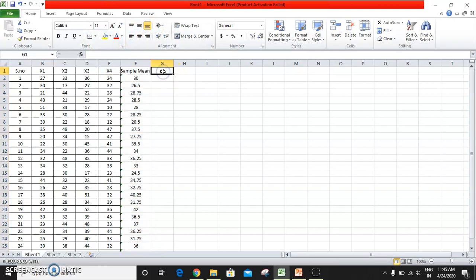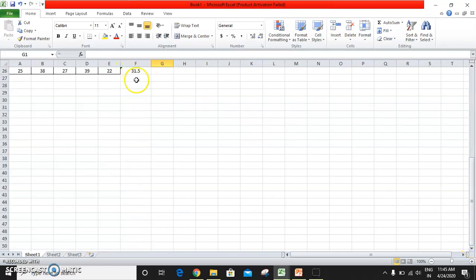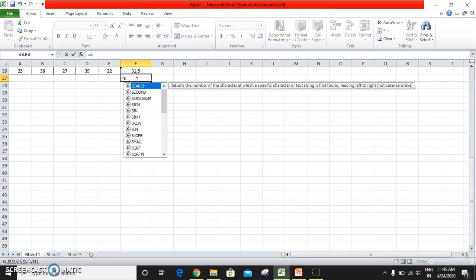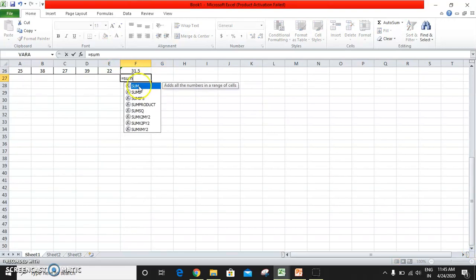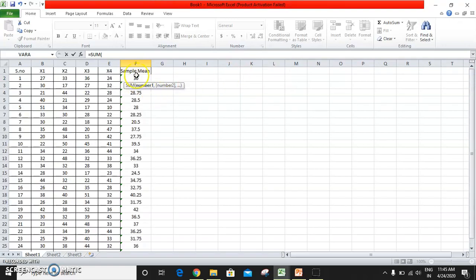Now, what was the next step in our previous video? After calculating the sample mean, we found the sum of all the observations that we have attained in this column of sample mean.